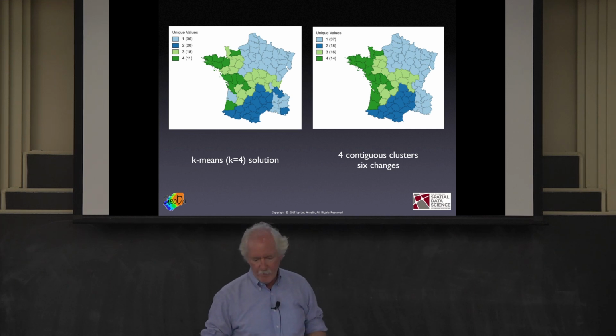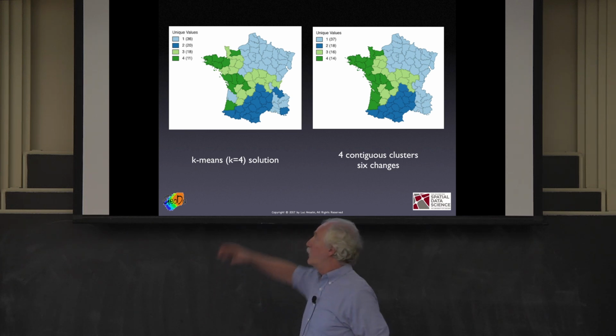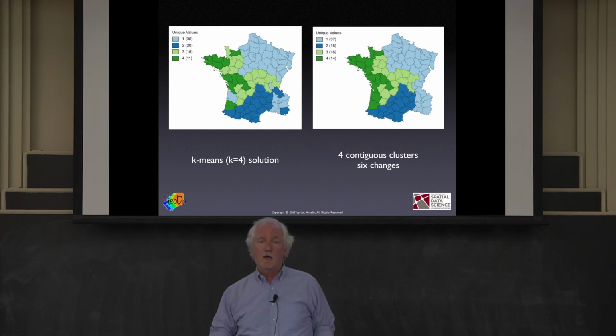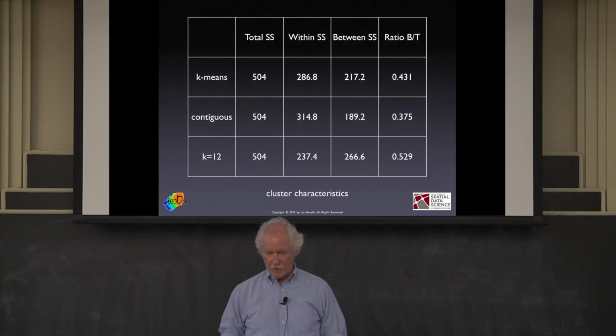And you can do the same with other exchanges. You end up with this setup, which is spatially contiguous. It keeps the k to 4, and then you can see how bad you're doing.